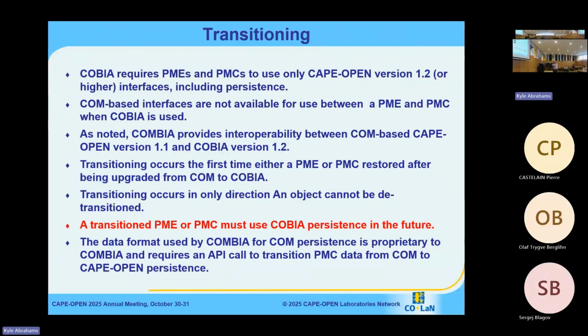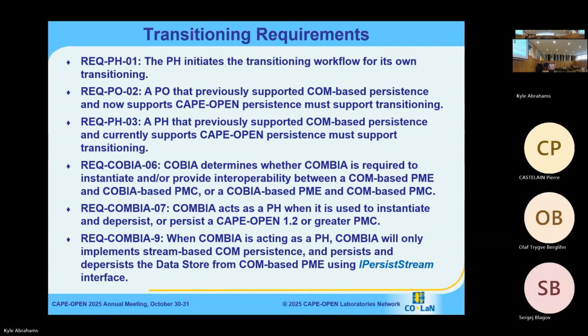Transitioning, like I said, is the permanent upgrading from COM persistence to COBIA persistence. This is used when you're saving, in a 1.2 type of scenario here. And it's only going to occur once. Once you transition, you're not going back.